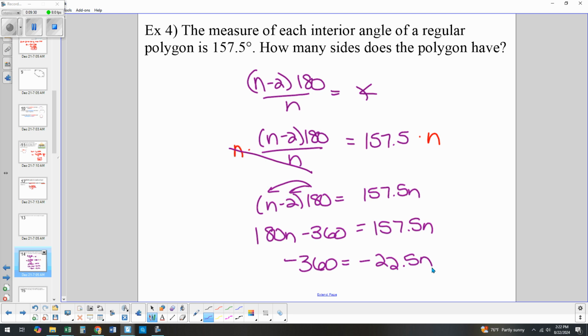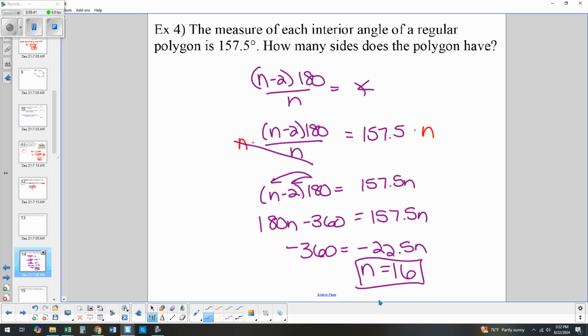And my last step will be to divide my negative 360 by my negative 22.5, and I get n is 16. As long as I get a whole number for n, I did good. If you get a decimal for n, something went wrong because you cannot have a decimal number of sides.